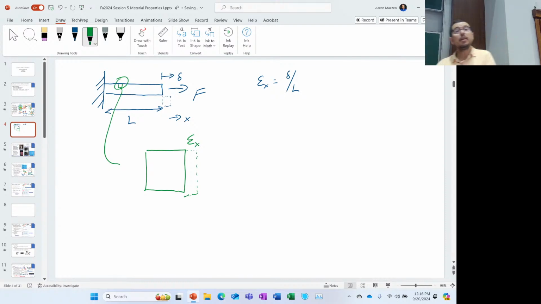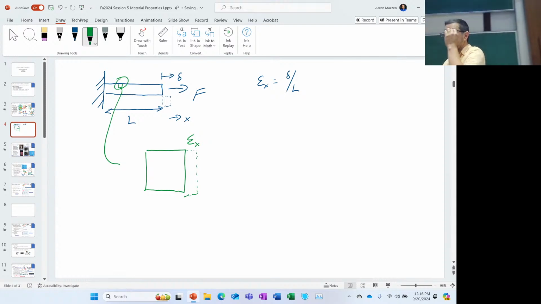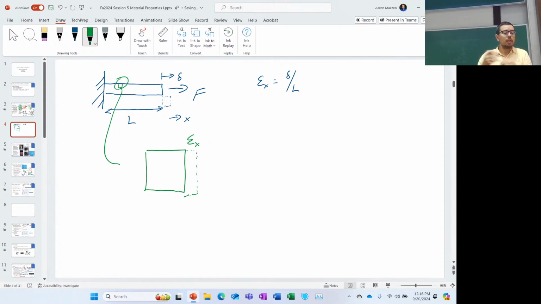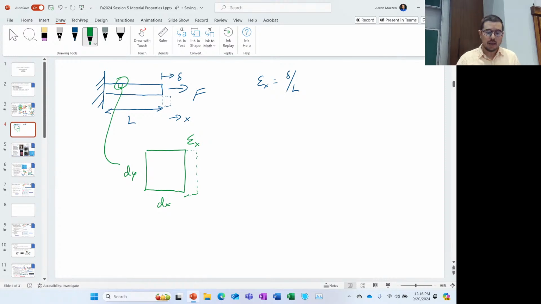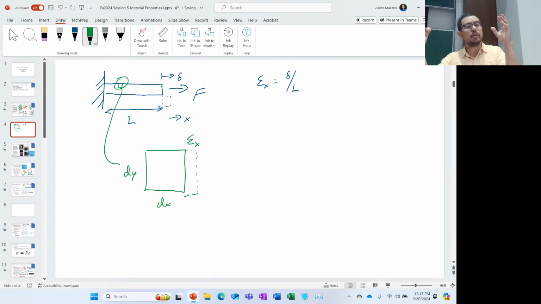Now epsilon is of course unitless, that's non-dimensional. And this is a really small element, so you're going to have to be careful if this is a dx and this is a dy, for example, okay? And so you could come up with some little amount here that we're thinking about. But I just wanted to point out that this strain is in fact present throughout the material, and throughout the whole bar.